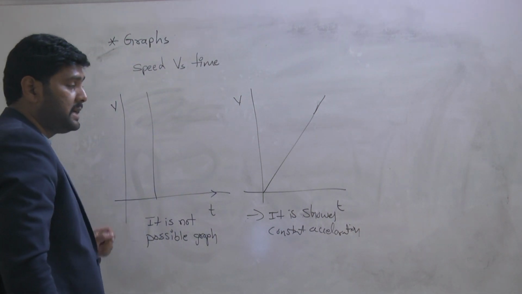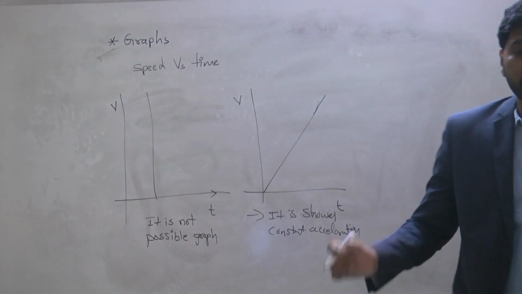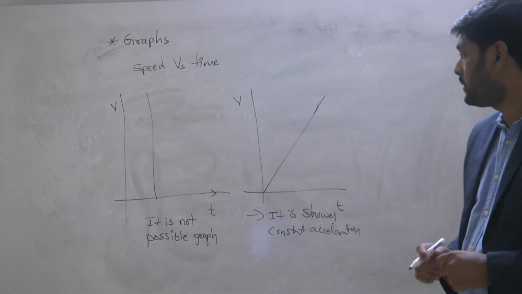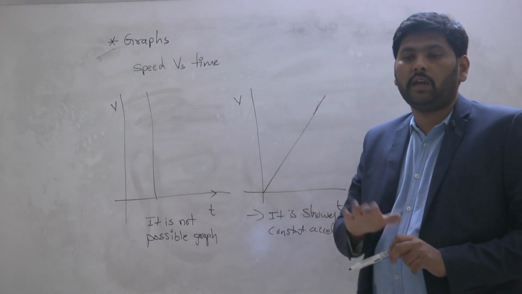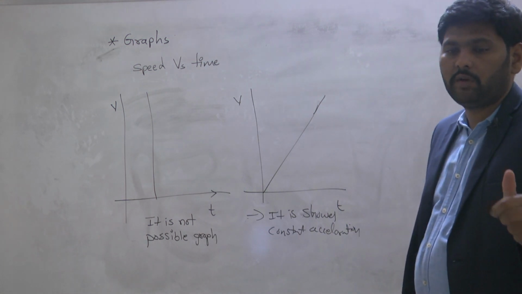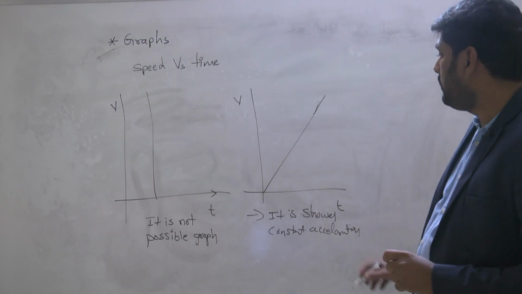In this constant acceleration, which thing will give the acceleration for this body? Any graph you need to observe two things. One is the slope of the graph, one more is the area under the graph. Here I observe the slope.